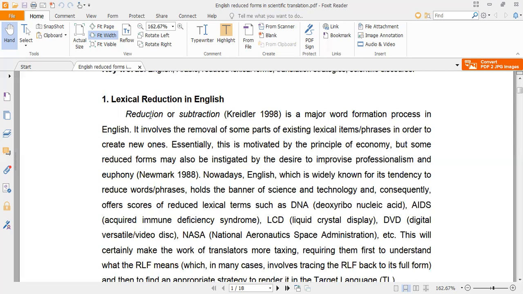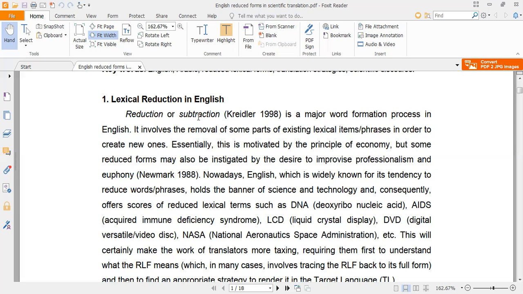Semantically, it is identical to the original one, but it is shorter. Morphologically, it is shorter than the original one. So, reduction means omission, removal of some parts of the word, of the original lexical item.